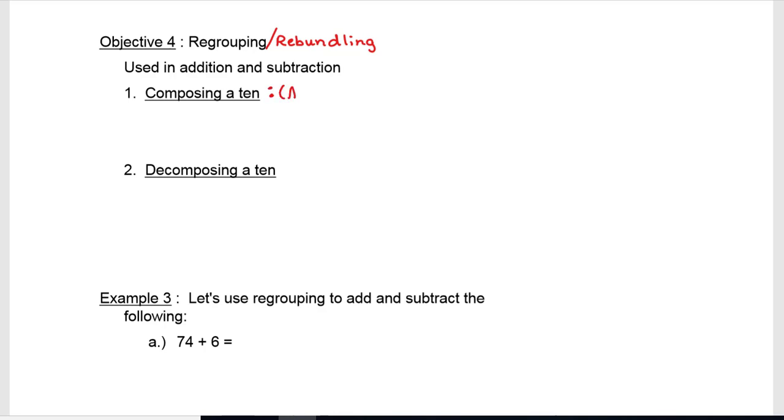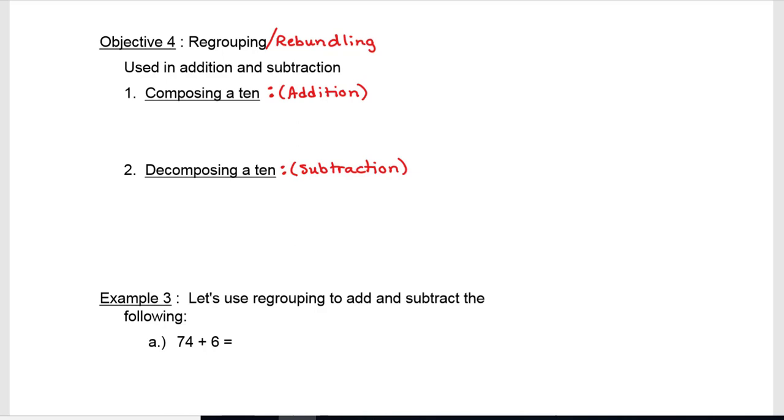This is for addition. So that's when we have more than 10 things in each place value, and then we're going to move them to the left. Now, decomposing a 10 deals with subtraction. And that deals more with your borrowing because you can't subtract each place value.